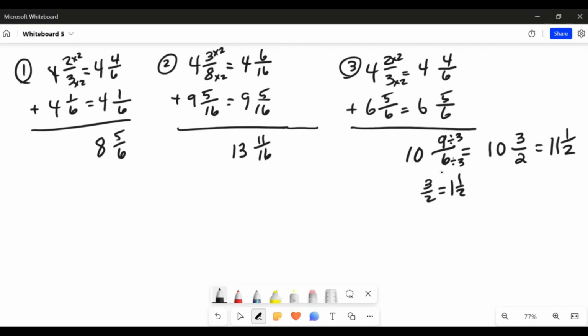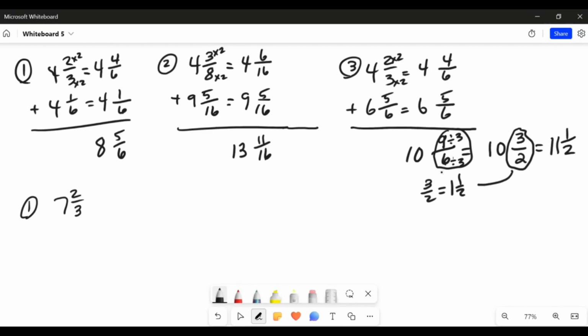All right, let's jump down to the next section where we have some subtraction problems. Okay, when we reduced this fraction and ended up with 3/2, we can't leave an improper fraction inside of a mixed number.